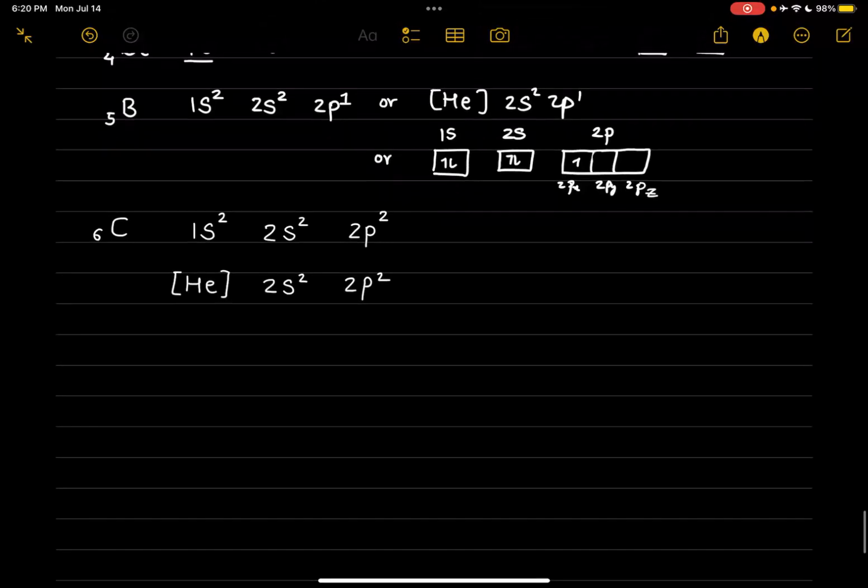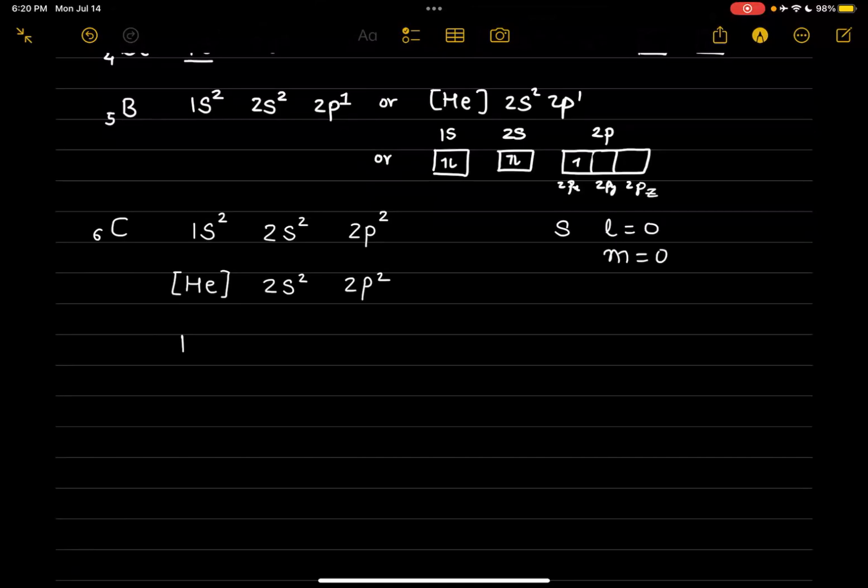But the problem arises if I ask you to show the detailed electronic configuration with orbitals. For 1s, there is just one orbital, because for s, l is 0 and m is also 0. The value of m is 0 only.